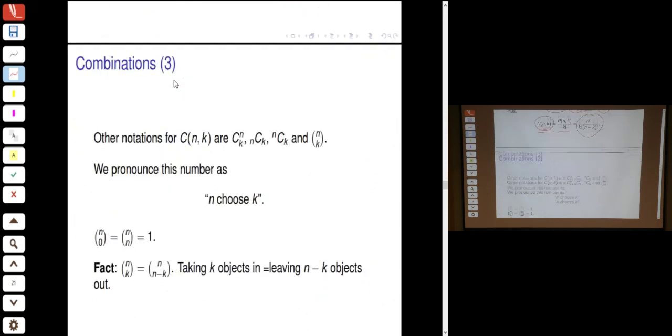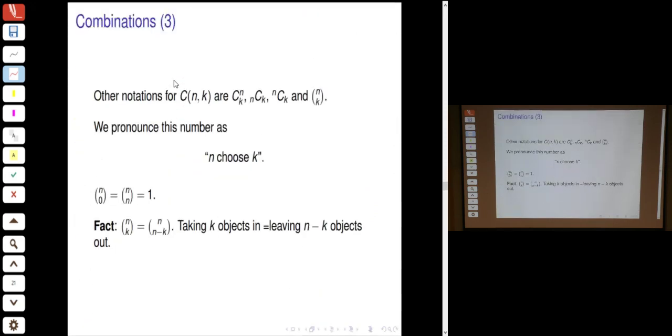So, what are other notations for C(n,k)? Well, you can play around with the location of the n and the k, upstairs, downstairs, etc., and get some other notations for C(n,k), but these are all mere decorations that represent the same thing. And this number is traditionally pronounced as n choose k.